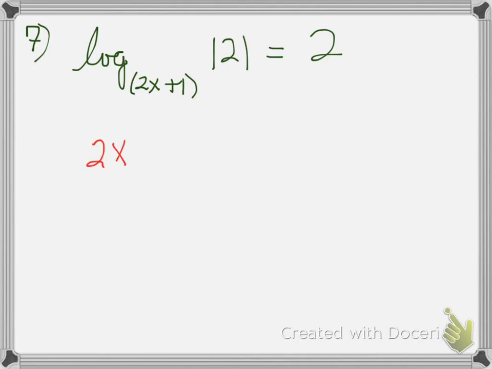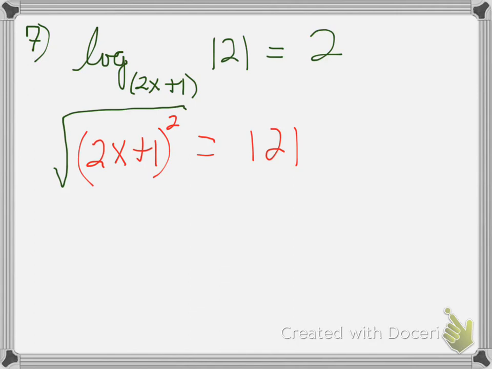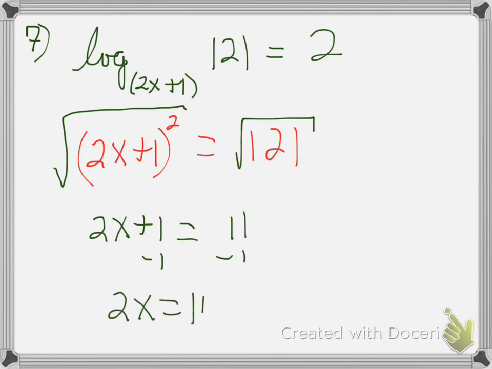And that would be 2x plus 1 squared equals 121. How about if I take the square root of each side? That would tell me that 2x plus 1 equals 11. Now if I subtract 1 from each side, 2x equals 10, x equals 5.